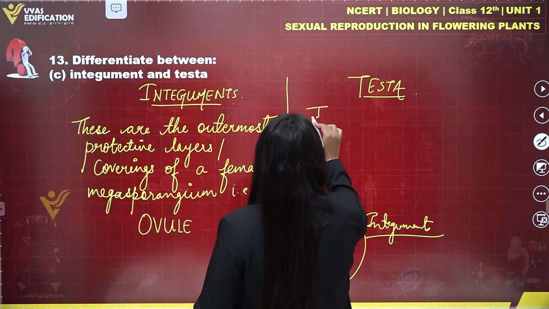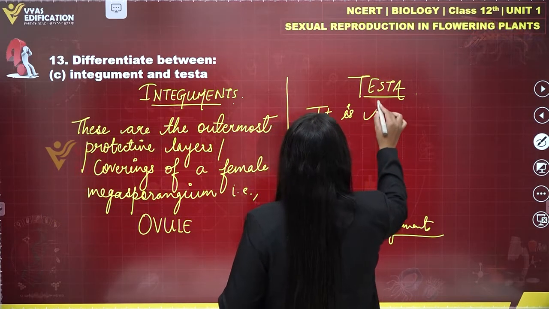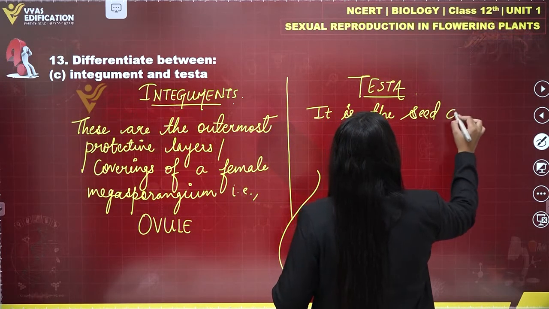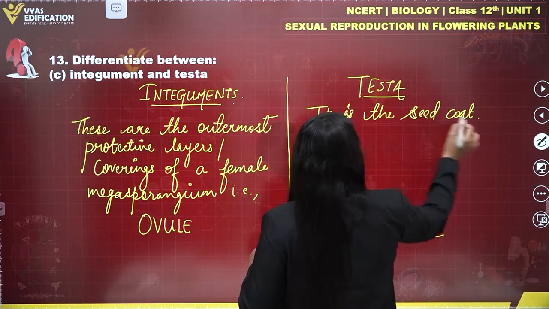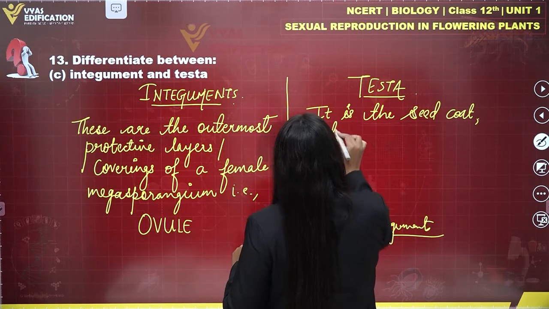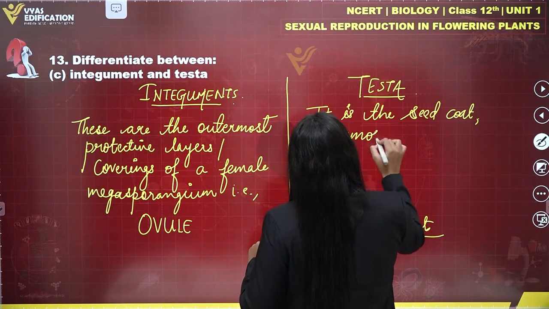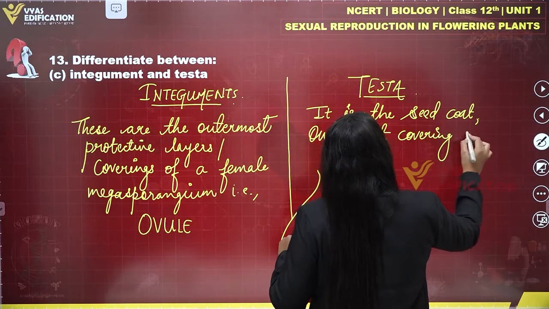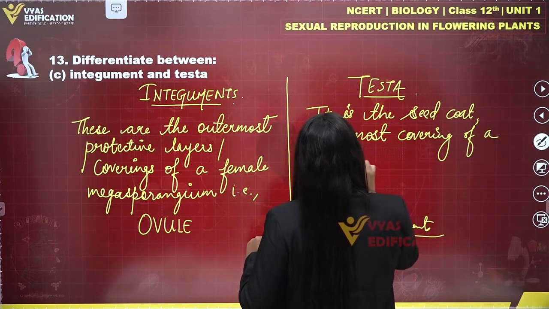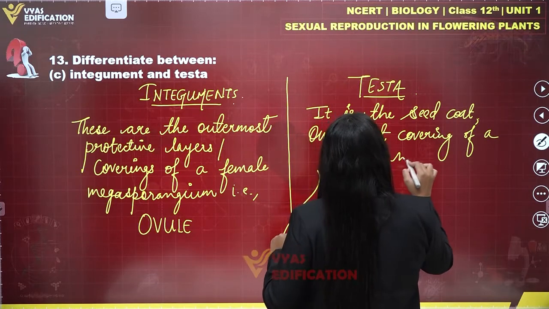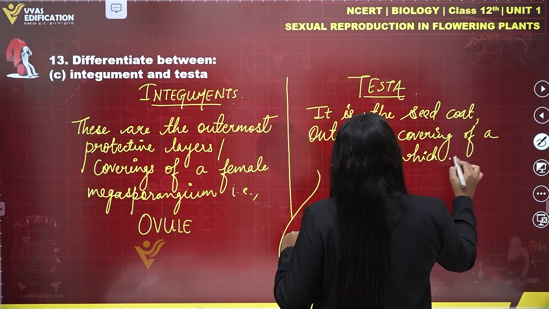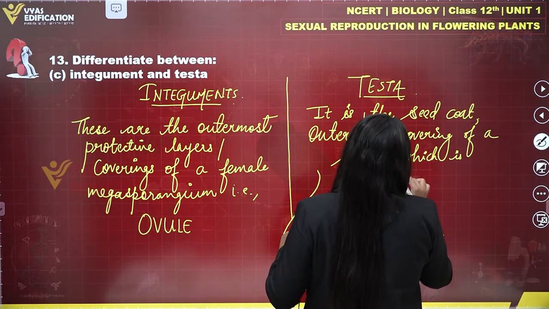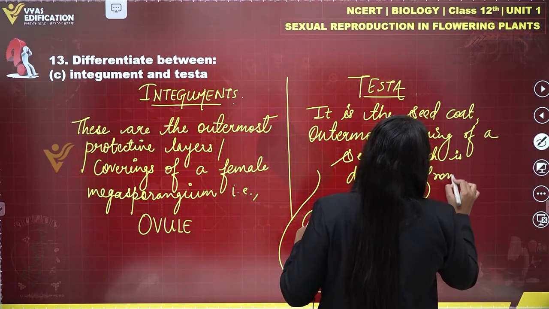First of all, it is the seed coat or outermost covering of a seed, which is developed from integuments only.